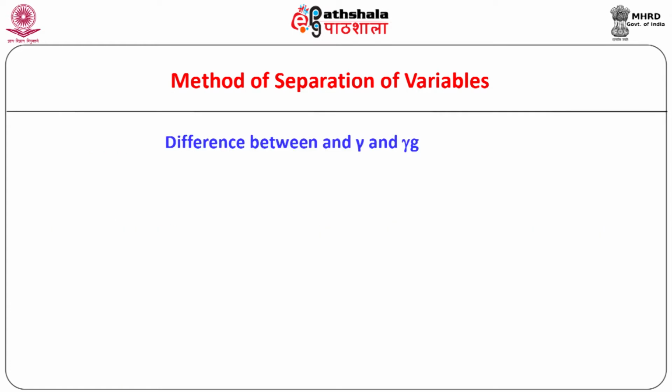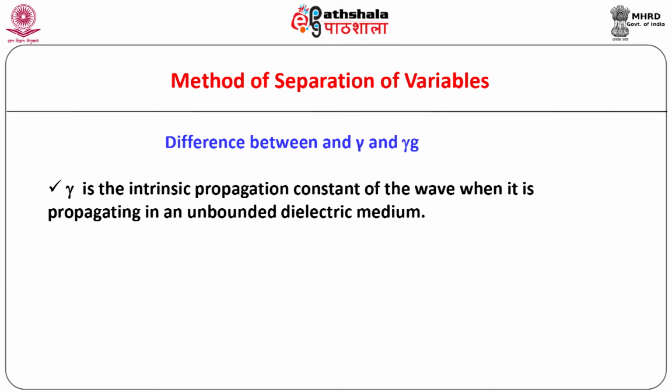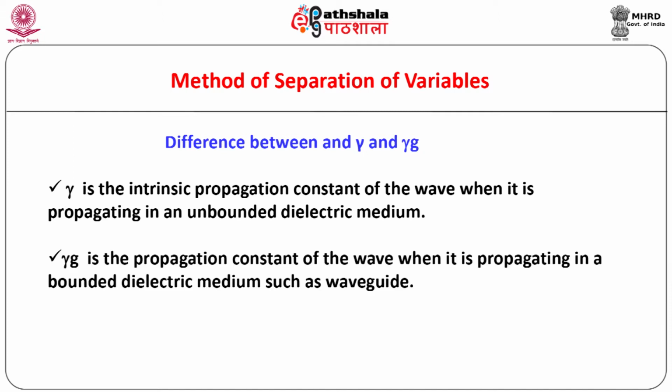We should note the difference between gamma g and gamma. Here gamma is the intrinsic propagation constant of the wave when it is propagating in an unbounded dielectric medium, while gamma g is the propagation constant of the wave when it is propagating in a bounded dielectric medium such as waveguide under consideration.